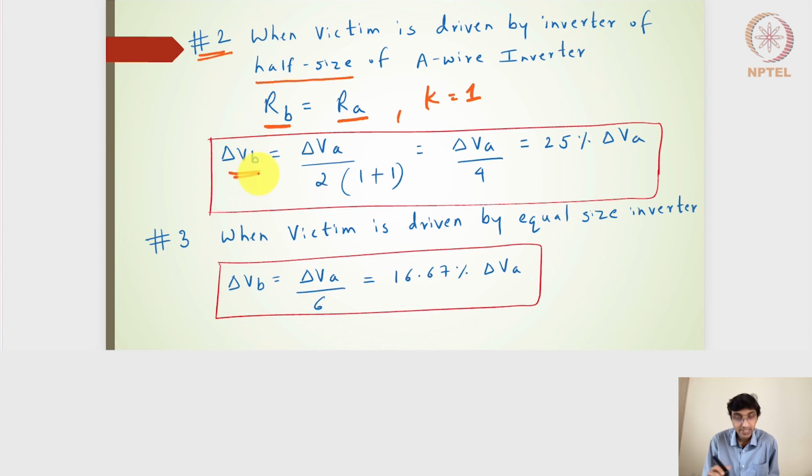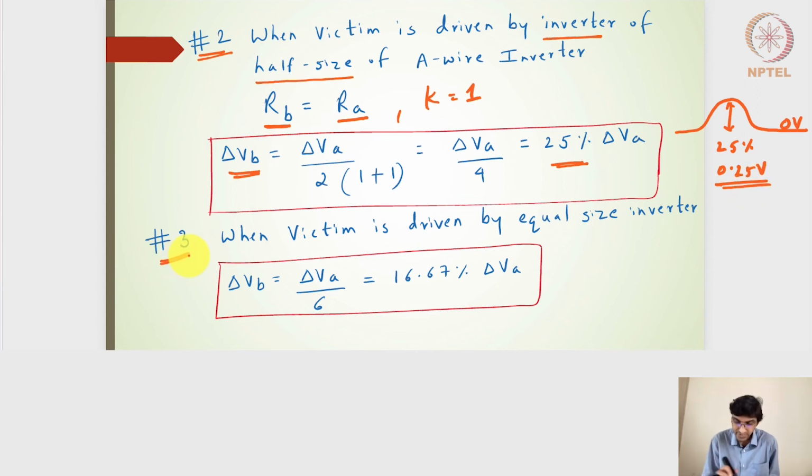So delta VB, the change in voltage on the victim line, will be 25% of the change on the aggressor side. Because there is an inverter constantly driving this wire, even though there is a 25% change, it should come back to 0 volts. So the maximum change will be 25% of the 1 volt change on the aggressor side, so 0.25 volts is the maximum change we should get.